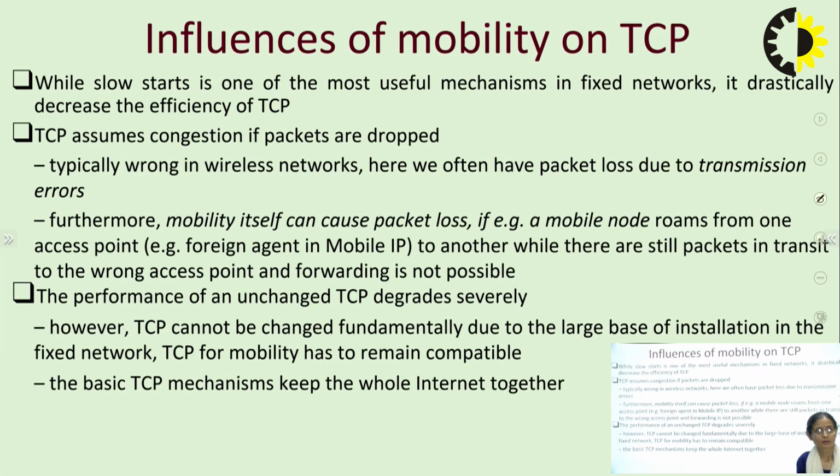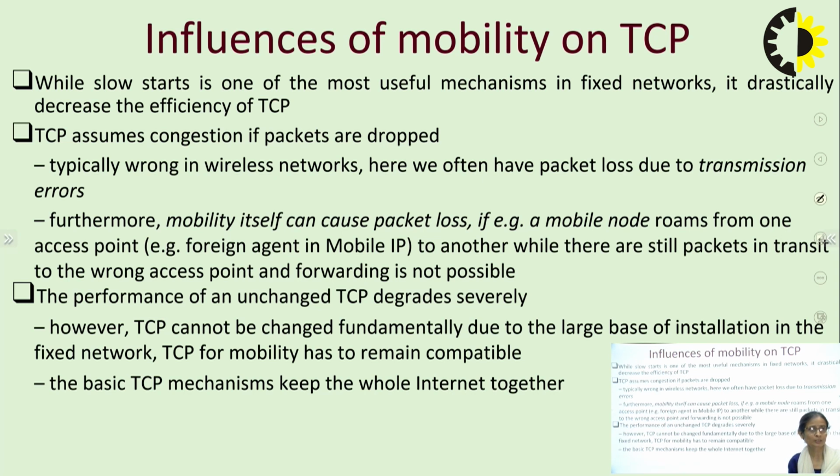Now, what is the influence of mobility on TCP? TCP already exists in the wired environment, but if we use TCP in its original format, then it won't work in the wireless environment. While slow start is one of the most useful mechanisms in fixed networks, it won't work with mobility because it is not an efficient protocol.